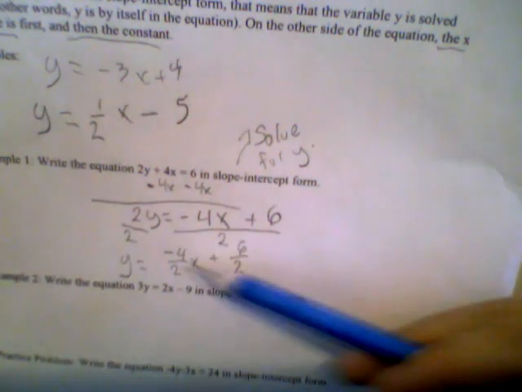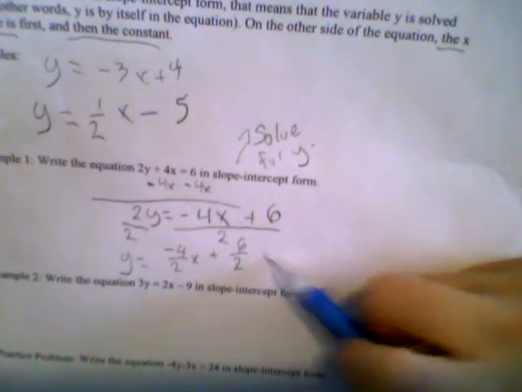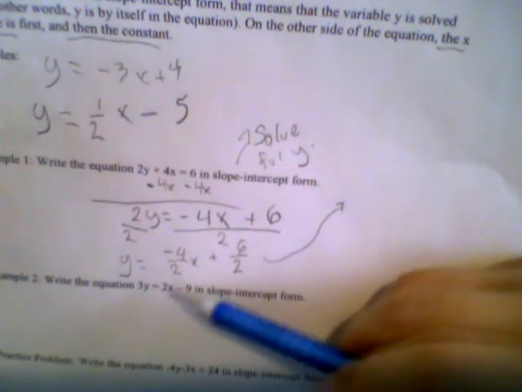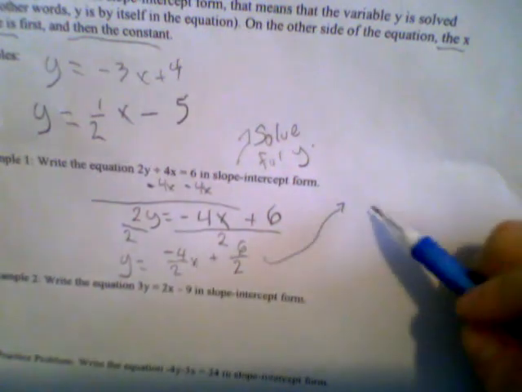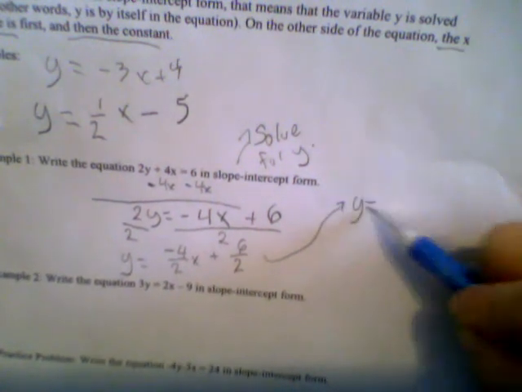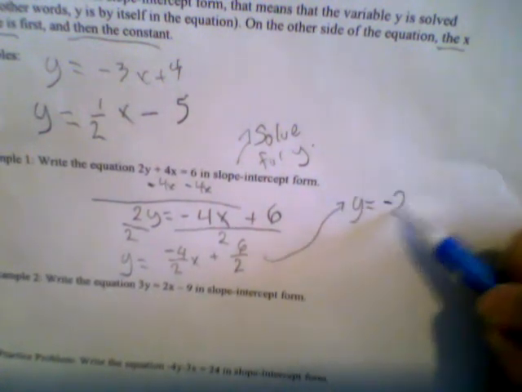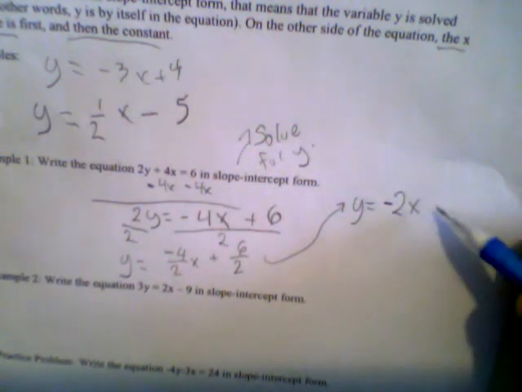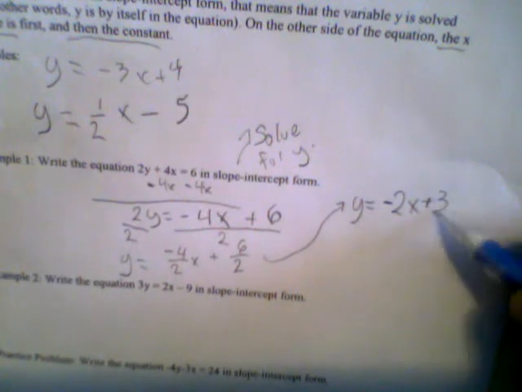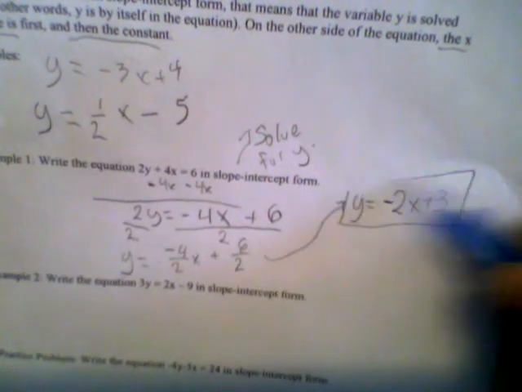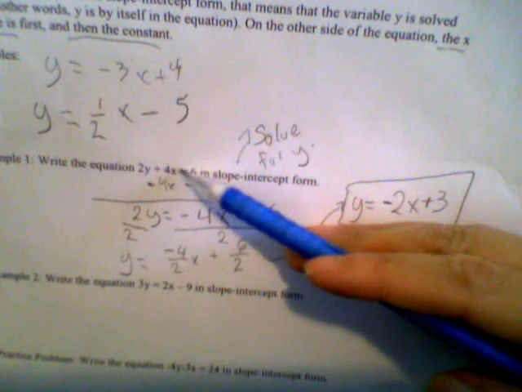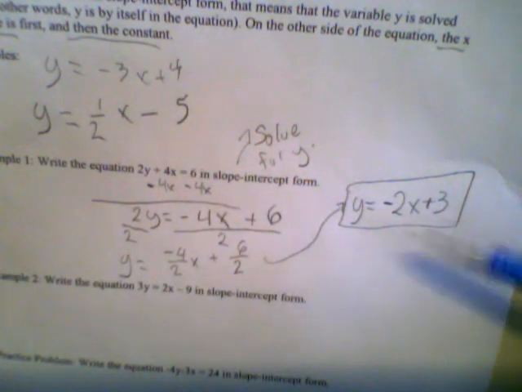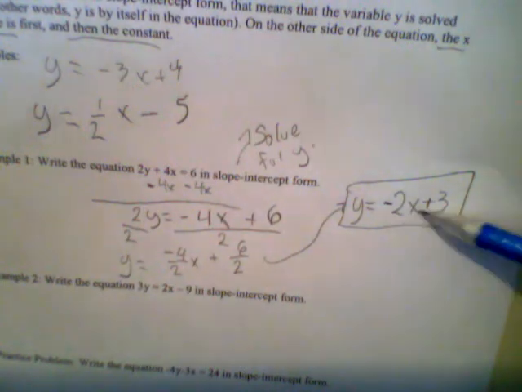Negative 4 divided by 2 is just negative 2, so I should get y is equal to negative 2x. 6 divided by 2 is 3, so I have negative 2x plus 3. So I took this equation, I solved for y, and when I solved for y, I got the equation in slope-intercept form.